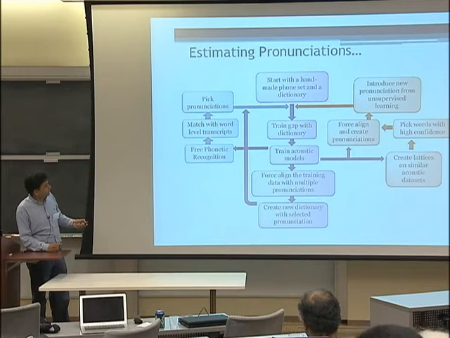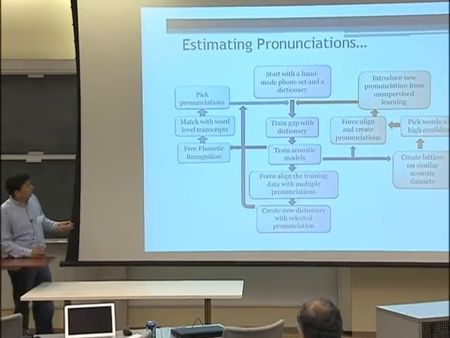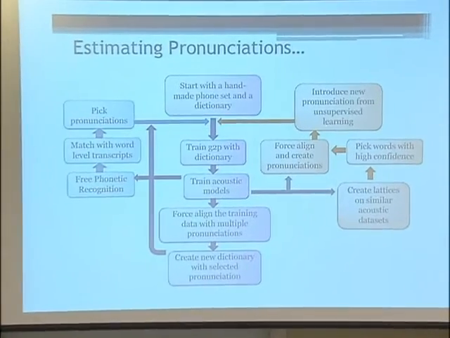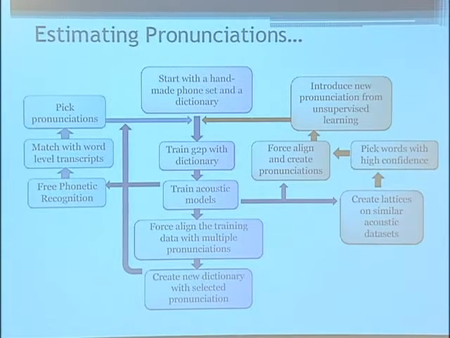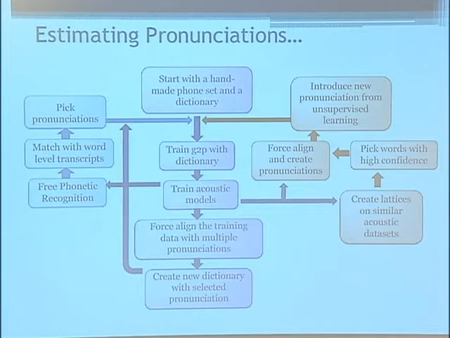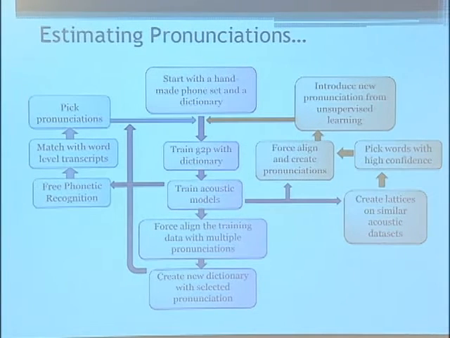We also force align that data with this recognition output and make it choose from multiple pronunciations. And from that, we choose the high confidence words and introduce new pronunciations to the system. So at this time, I would like to invite Samuel to present various recognition experiments, and we can conclude.